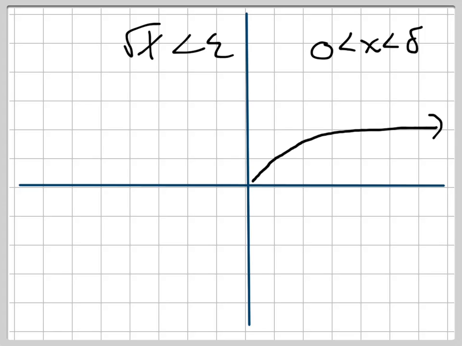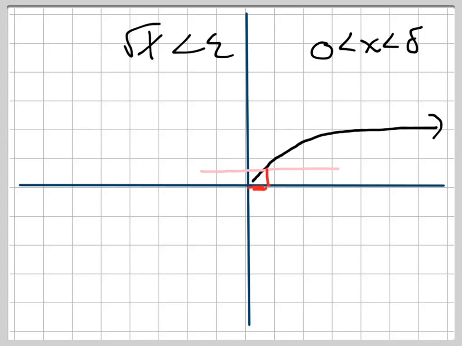And if they give you some tiny number epsilon, they're saying the function value is going to be under their line, so they're going to give you some y line. And you have to find the x region from 0 to the delta that you choose, where the y values are under that. So graphically, I would just pick this region, right? In this x region, all of the y values are under the pink line.